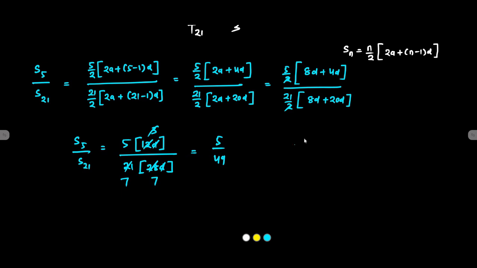So the ratio of the sum of the first 5 terms to the sum of the first 21 terms is equal to 5 by 49.